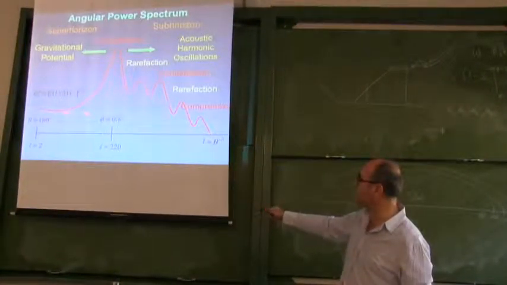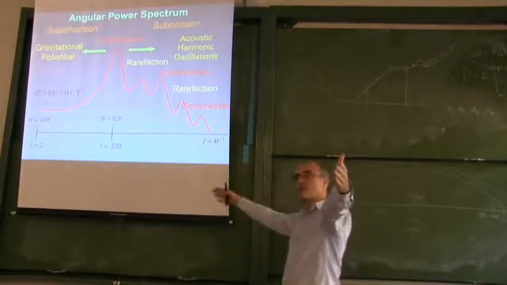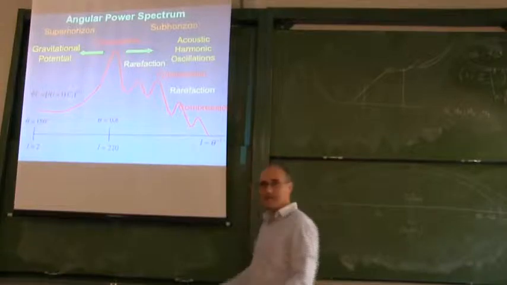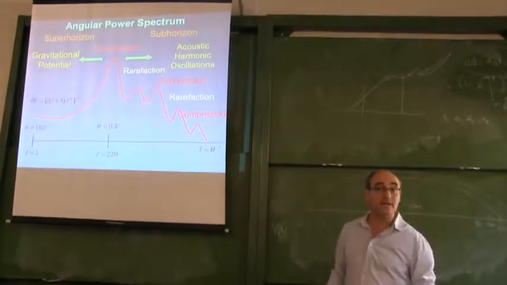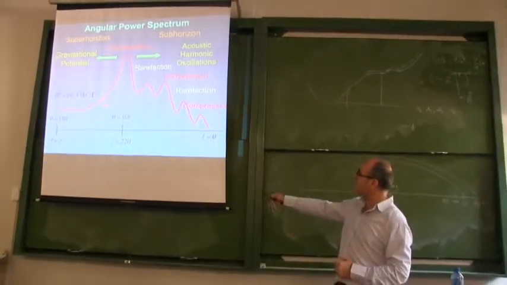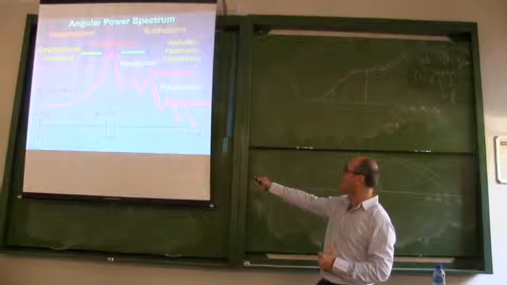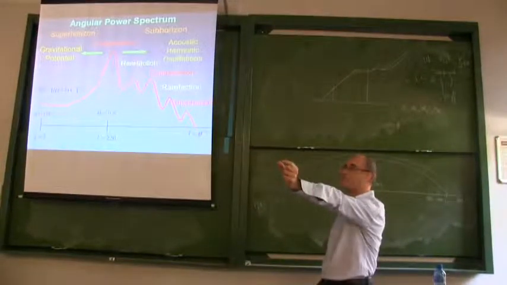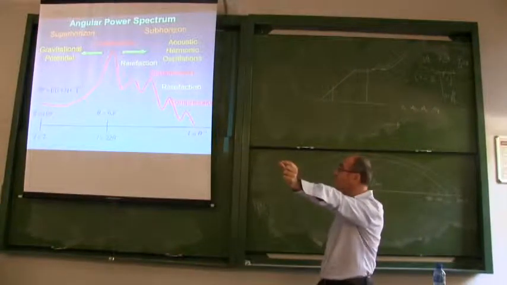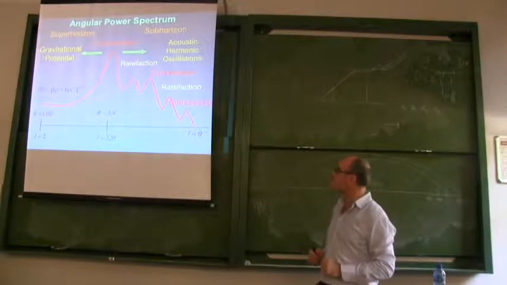So this flat plateau, what's called the Sachs-Wolfe plateau, is related to the fact that on very large scales only gravity contributes, and this gives essentially a constant value for L(L+1). On very small scales, as I said, first we have the compression right at the time of last scattering at an angular separation of about 0.8 degrees. And on smaller scales we have higher peaks.